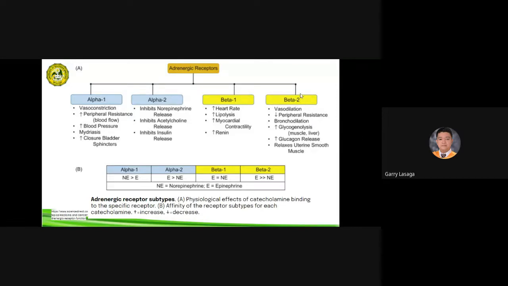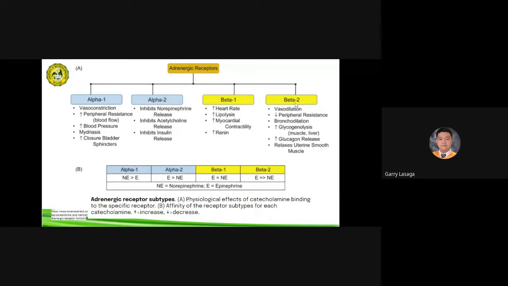For the beta 2 receptors, when our agonist binds to the beta 2 receptor found on the lungs, it will induce the dilation of the bronchi, or bronchodilation. When our beta 2 agonist binds to the blood vessels, it will induce vasodilation.